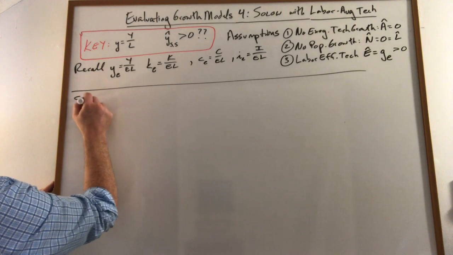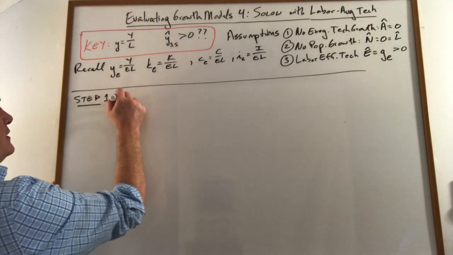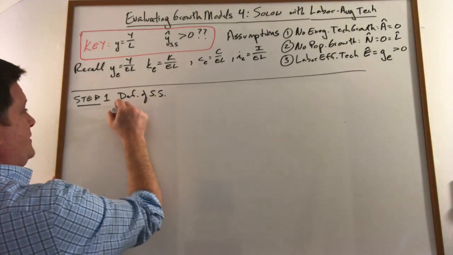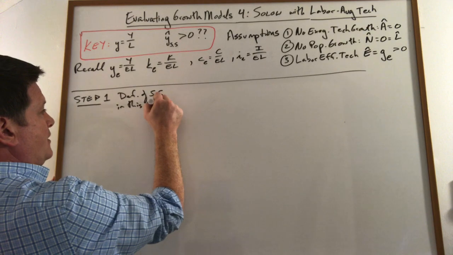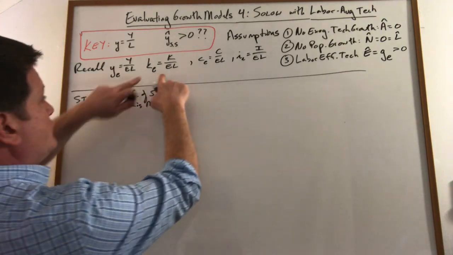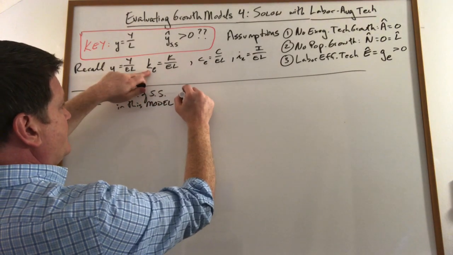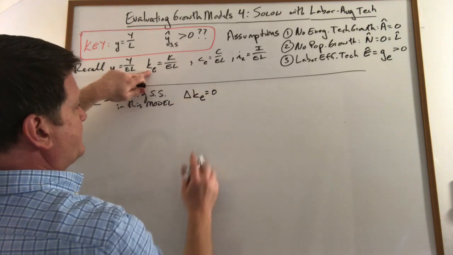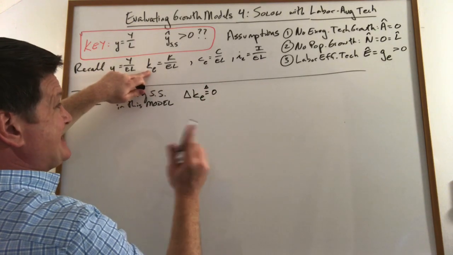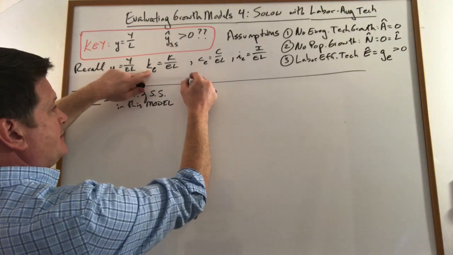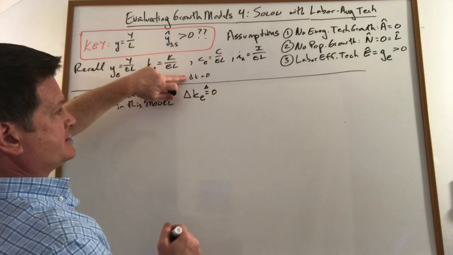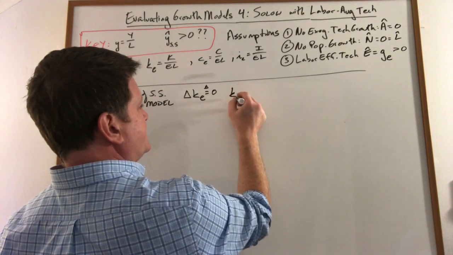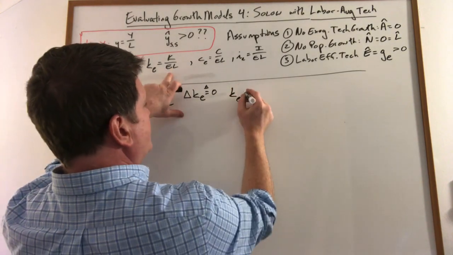Step 1 is to use the definition of steady state in this model. So we're using this in steady state. And so in this model, it is this being constant. So that's the definition of steady state, not this being constant, which is just a normal K. So we use the definition of KE, which is right here.